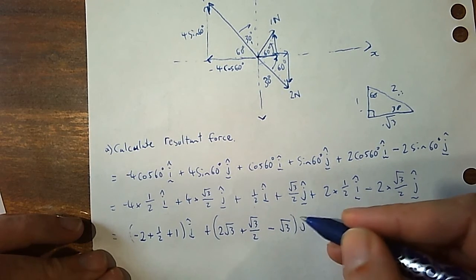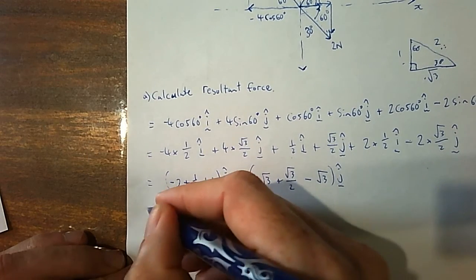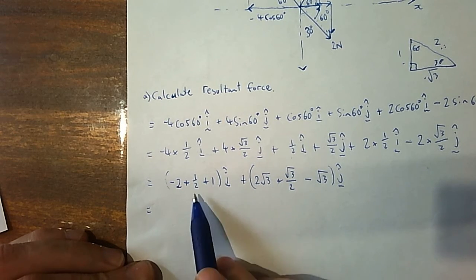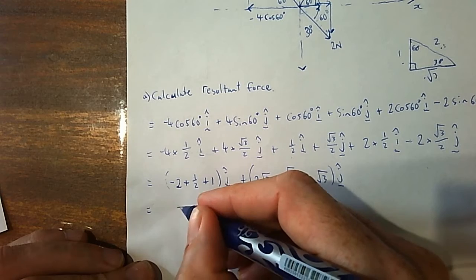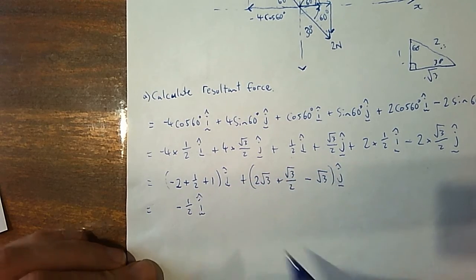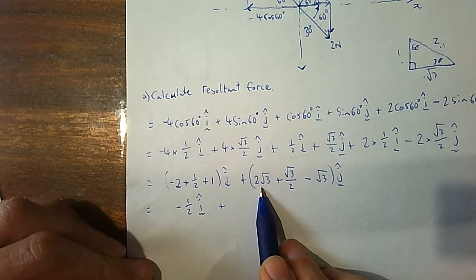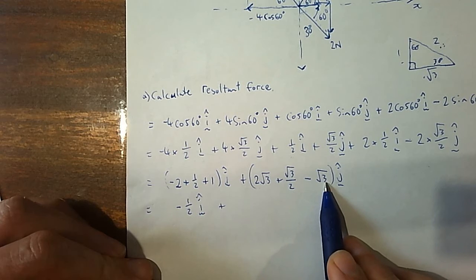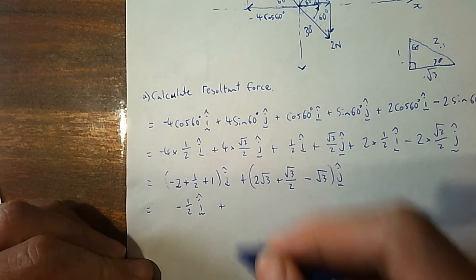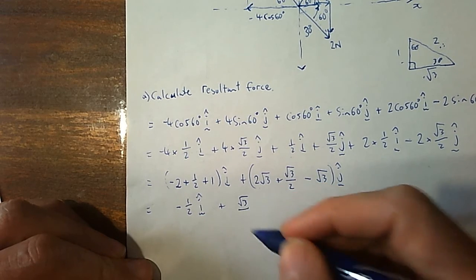And that is my J component. Now from here, if I simplify this, -2 plus a half plus 1 is the same as a -half.